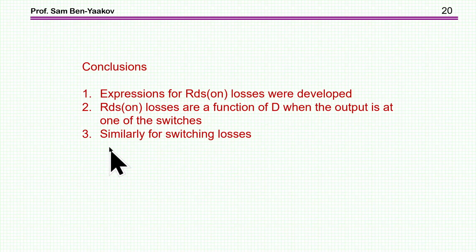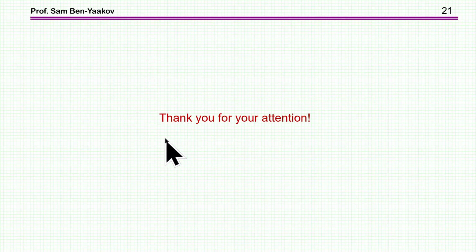And this will be similar for the switching losses, because switching losses are a function of the inductor current. And if the inductor current is changing while the duty cycle is changing, then of course you'll see a change in the switching losses. So this brings me to the end of this presentation.